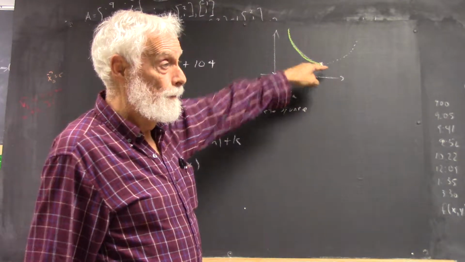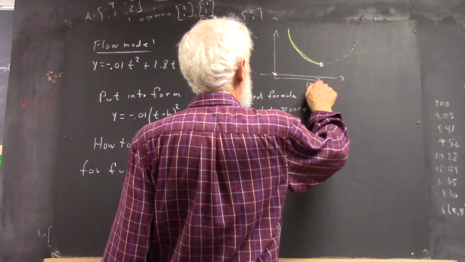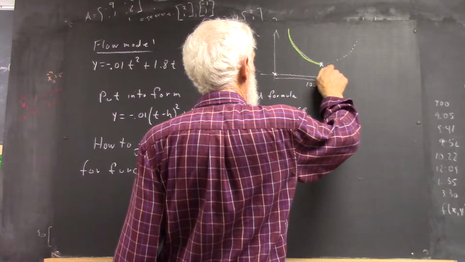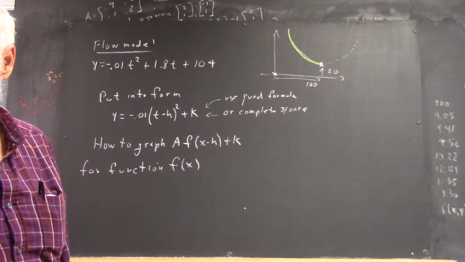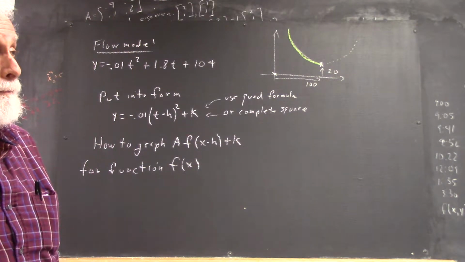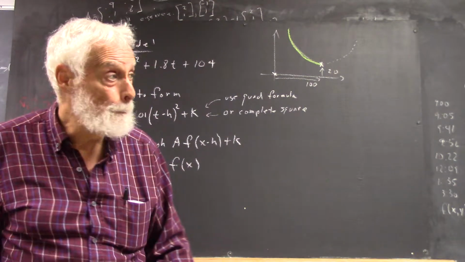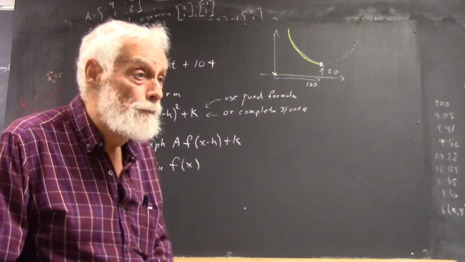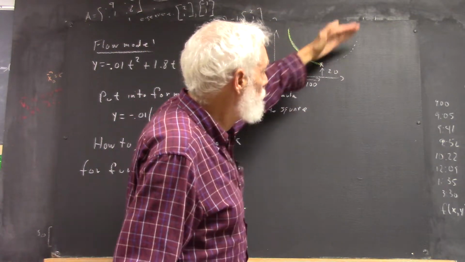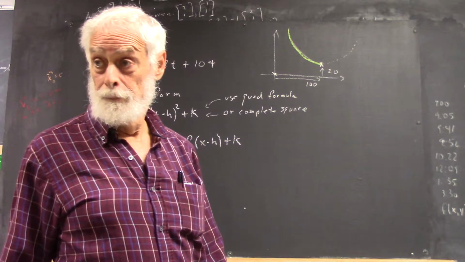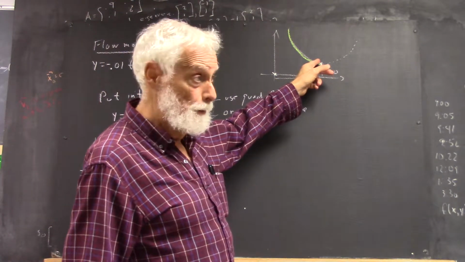Maybe that vertex is over here. You have to move over 100 units here, and then maybe move up 20 units here, or whatever. So one thing I'm going to ask you to do is take the graph you already made from your data and see where you think this parabola would level off before it starts going back up. So you estimate what this would be and what this would be.